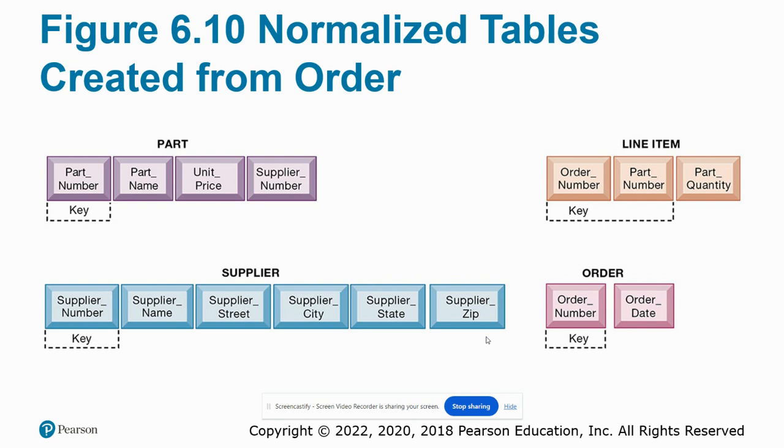For example, foreign key supplier number links the part table to the supplier table. Referential integrity means that a new part can't be added to the part table without a valid supplier number existing in the supplier table. It also means that if a supplier is deleted, any corresponding parts must be deleted as well.